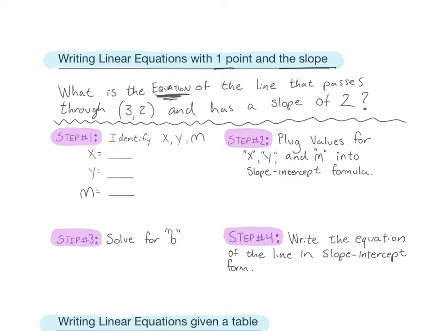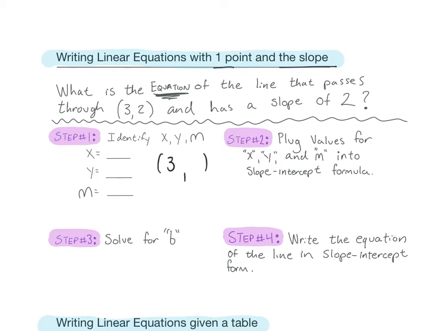So our first step asks us to identify x, y, and m, and we're going to do that with the information given from our problem. The first piece of information is this coordinate. It has the coordinate of 3 and 2. The other piece of information that we have in our problem is that we have a slope of 2, so we're going to bring that down as well.